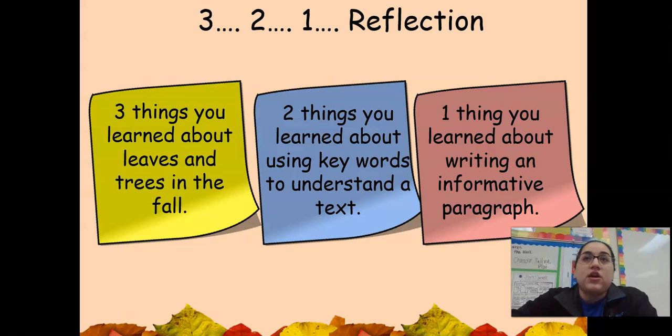And then I also understood that the pigments are already in the leaf. It's just that they're being overpowered by the chlorophyll. And 1 thing I learned about writing an informative paragraph is that now I'm able to know how to write a conclusion, because a conclusion was barely introduced. So that is something that I wanted to show you, how I did that 3, 2, 1 small reflection of the lessons that we have just done.